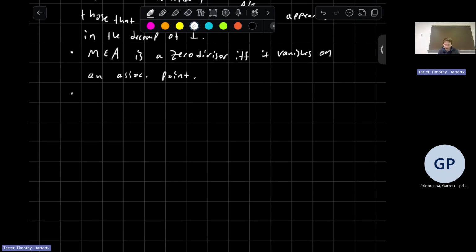And then m in A is nilpotent if and only if it vanishes at every associated point.